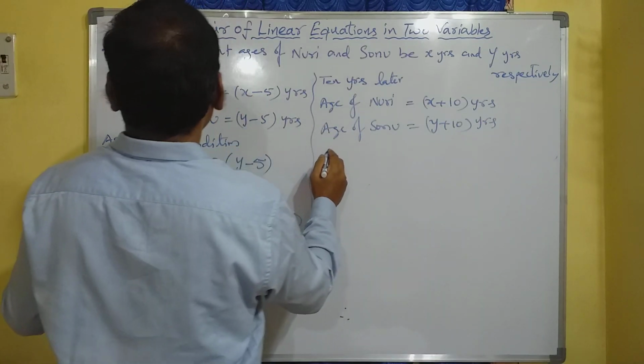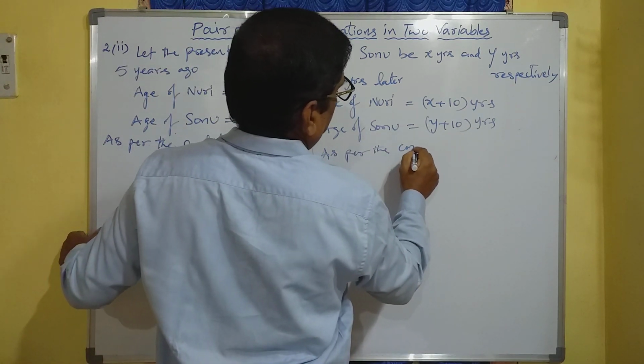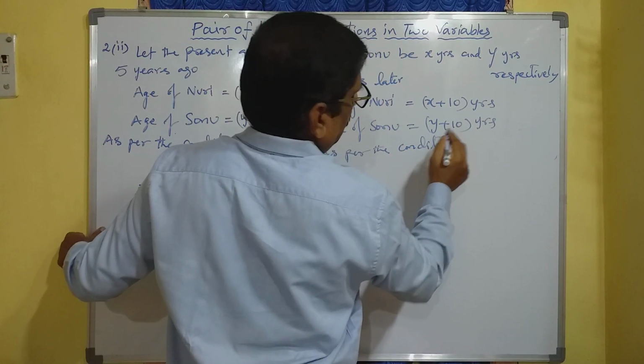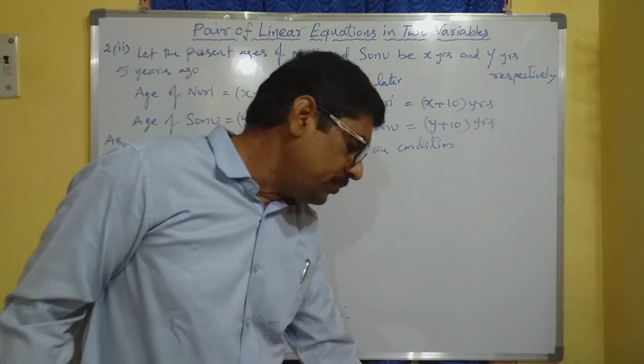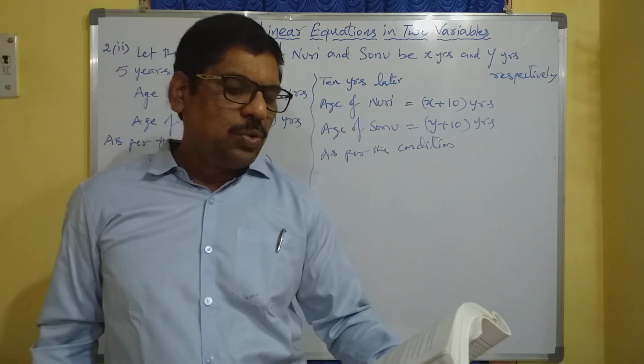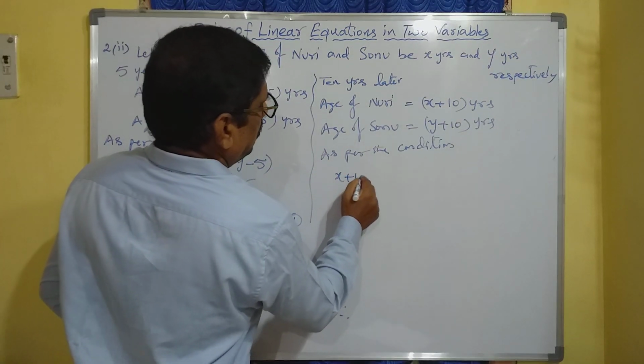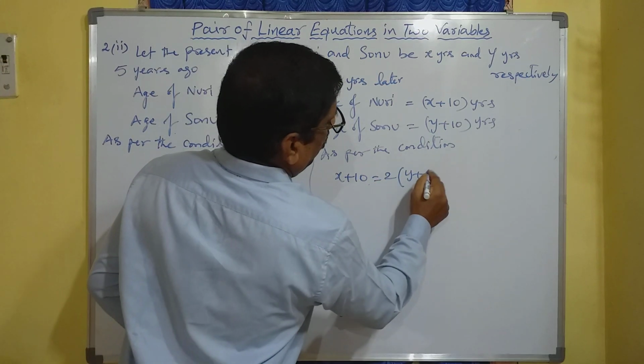As per the given condition, 10 years later, Noori will be twice as old as Sonu. So here x plus 10 is equal to 2 times y plus 10.